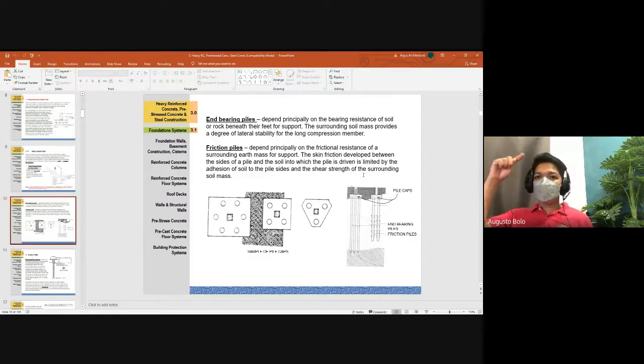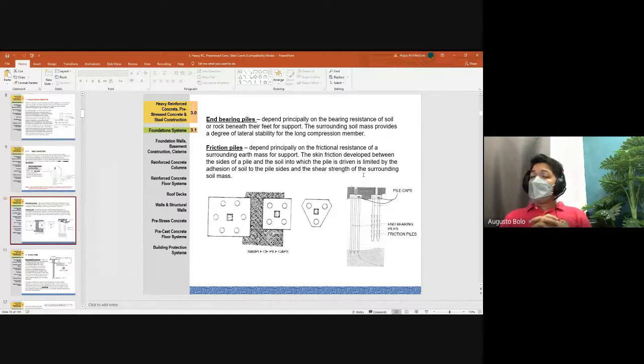Depending on the soil condition, once you find the hardest part, that is the time you end the length of the pipe, the friction pile.